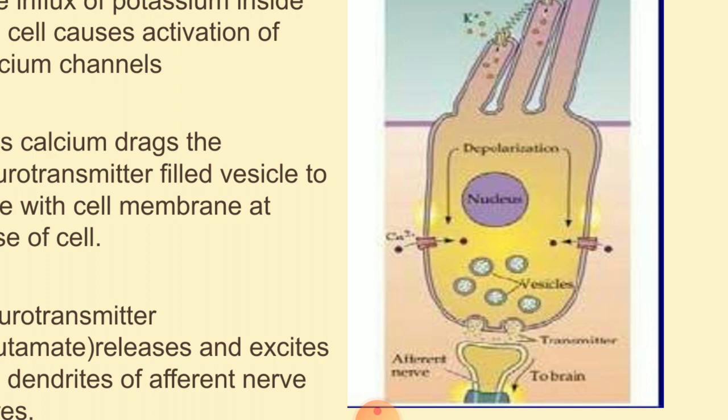This makes these cells very sensitive even to the slightest amount of ionic movement. Even the slightest amount of stereocilia bending and entry of potassium ions stimulates these cells, and there is generation of cochlear microphonic potential.